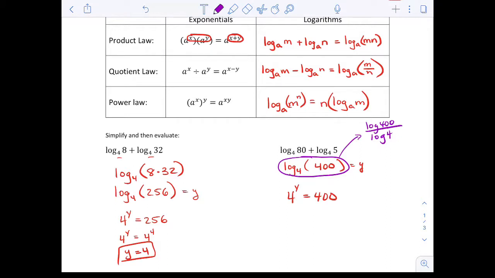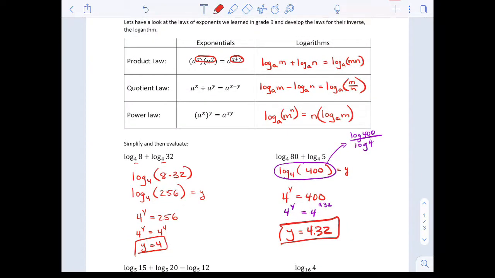And we would get 4 to the power of 4.32 is equal to 400. So therefore that must be the exponent. y is equal to 4.32. Whether I'm using trial and error and I come up with 4.32, or I use that shortcut of getting the natural log as well, that we'll get to a little bit later on in this section. But that's the shortcut for it.